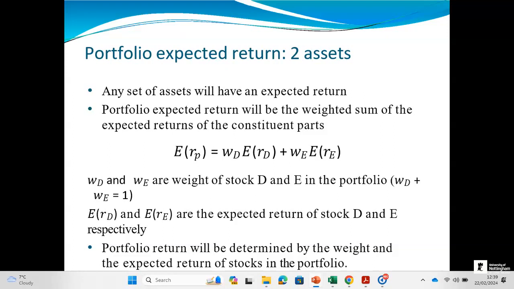The expected return of the portfolio is simply the weighted average of the return of individual assets in your portfolio. Okay, good. So the return is the weighted average, right? As you can see in this slide, return of the portfolio is simply the weighted average return of the individual assets in your portfolio.